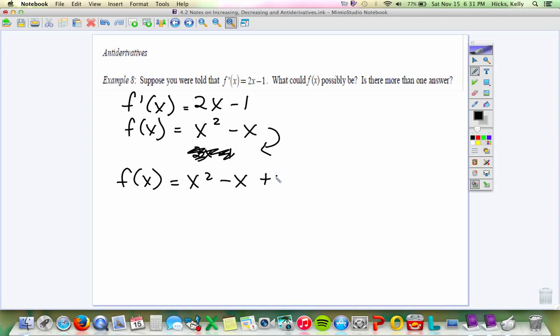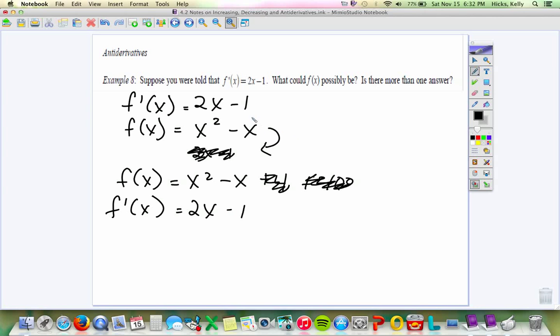Well, if our original function was something like f of x equals x squared minus x plus 4, when we went to take the derivative of that, what would have happened to the 4? Well, it would have gone away, and we wouldn't know what it is if we're just looking at the derivative. What about if it was plus 400? Well, it would have gone away, and we would not know again in the derivative what that number is.